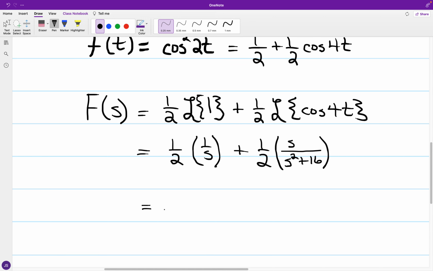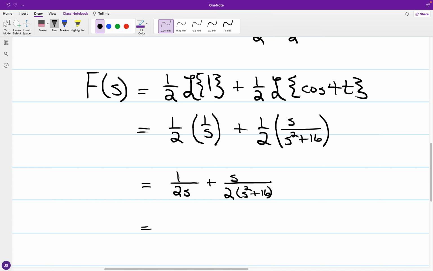And if we look at what we have here as separate terms, we have 1 over 2s, plus s all over 2 times the quantity of s squared plus 16. And if I were to consolidate as a single ratio, for the 1, I'm going to have s squared plus 16, and then s to be multiplied by s.